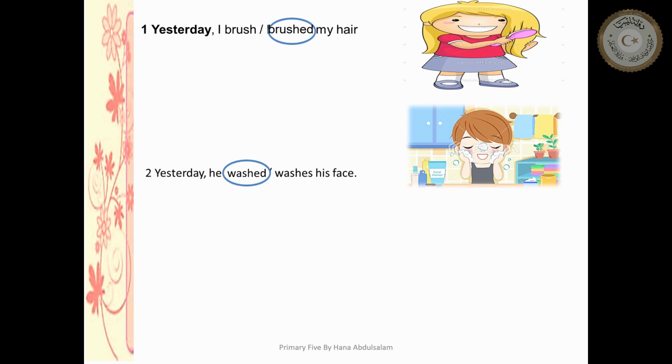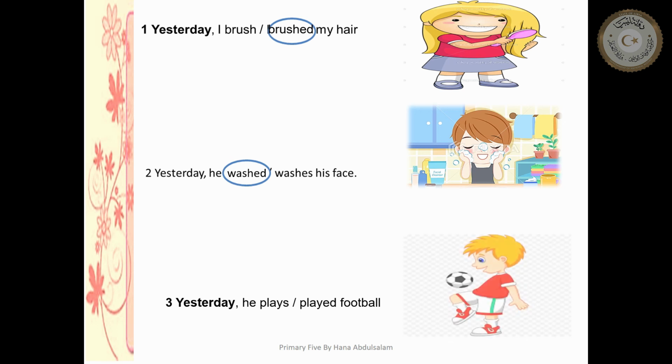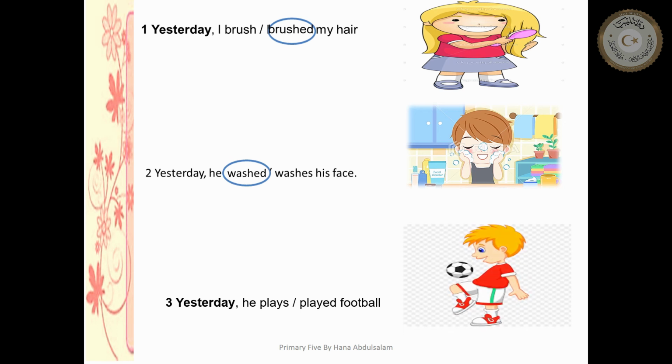Now we go to number 3. Yesterday, he played football. So look at this boy. He played football. Yesterday. We move now to another sentence. Number 4.